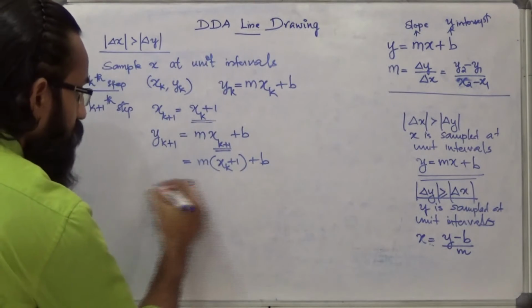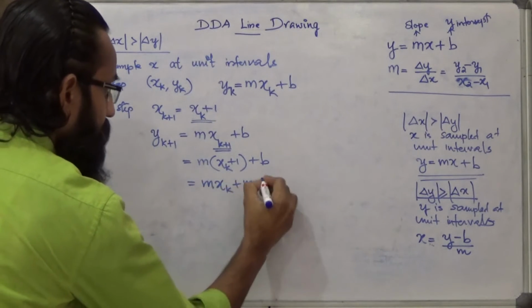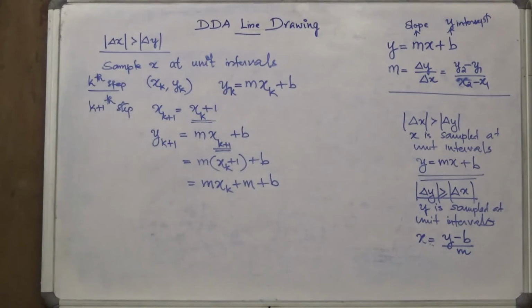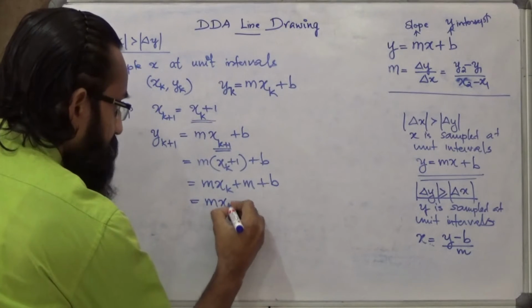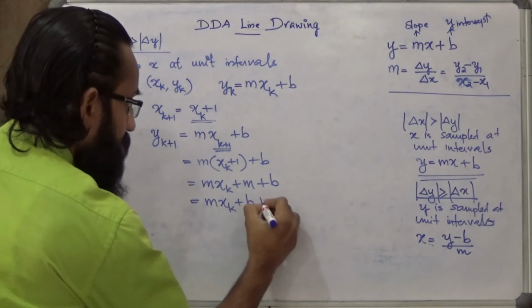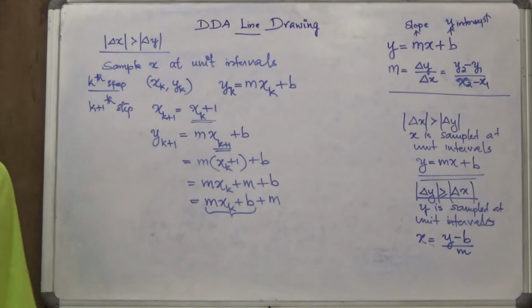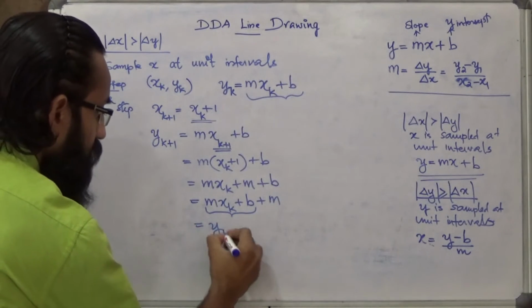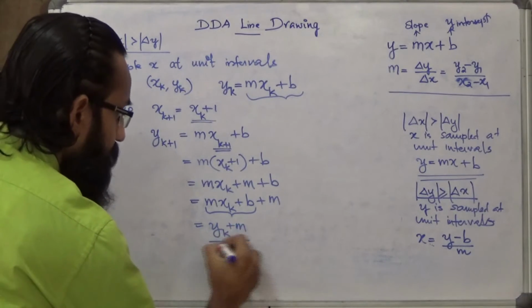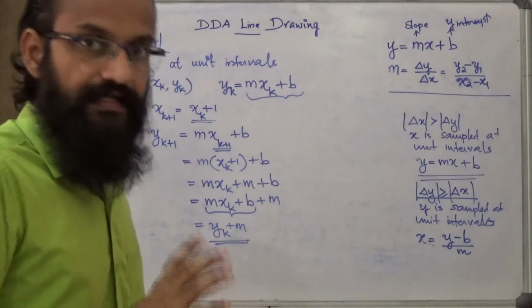So this will be equal to m xk plus m plus b. You can rewrite this equation as m xk plus b plus m. So what is m xk plus b? m xk plus b is actually yk. So this will be equal to yk plus m. That is the beauty of this technique.